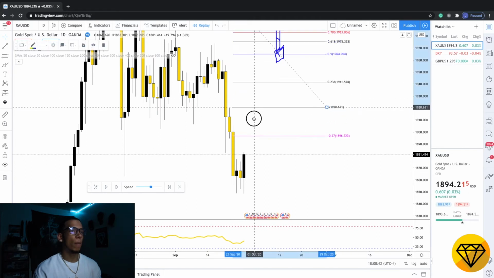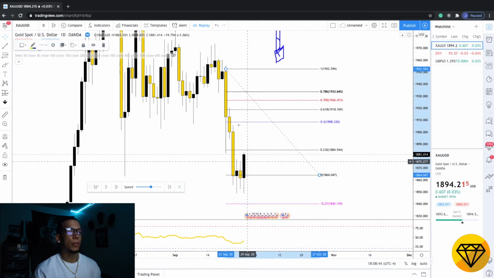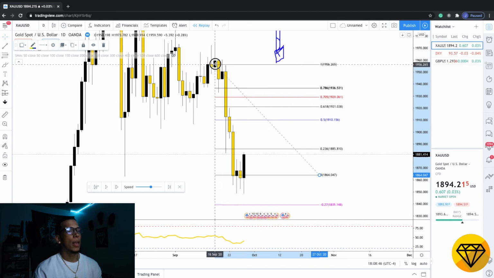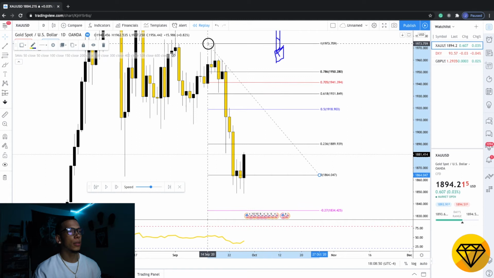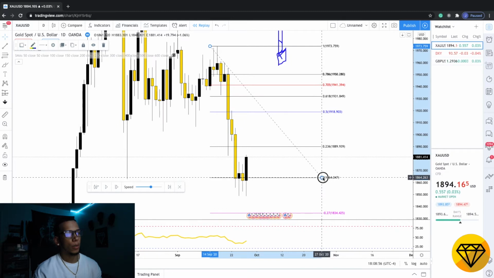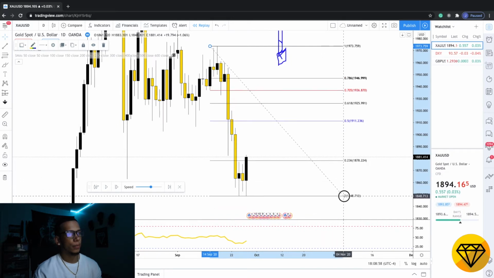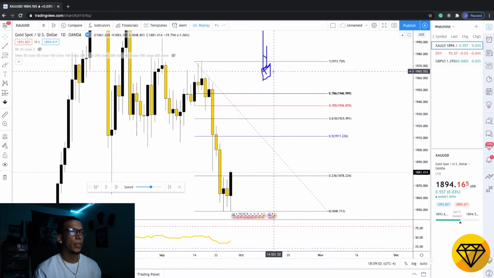Let me take out my Fibonacci retracement tool. I'm going to put my fib on the high, and this kind of varies, but you would want to do wick to wick.